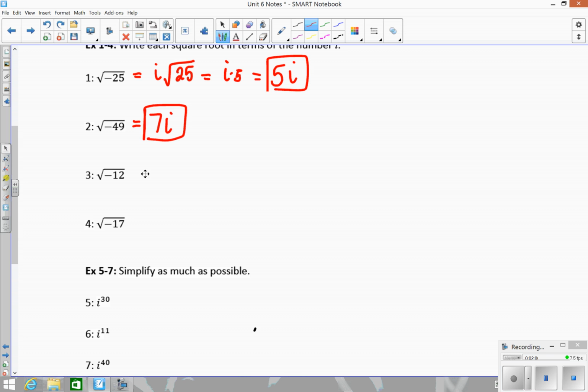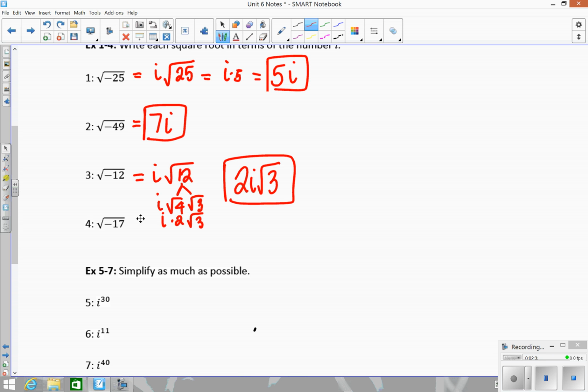This one down here, if we take the i out, we're left with the square root of 12, which we know we can break up, and we just keep the i out in front, as if it was just a number out in front. So the square root of 12, you can break up as 4 as the perfect square times 3. So it becomes i times 2 times radical 3, and then we would just rewrite this as 2i radical 3.